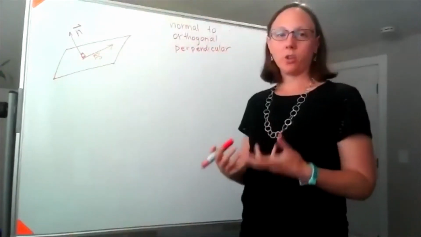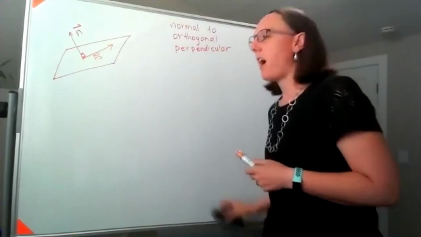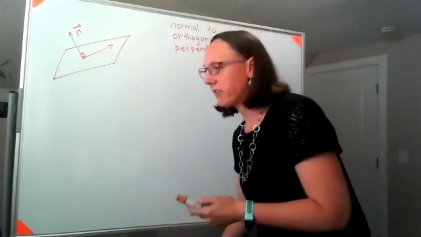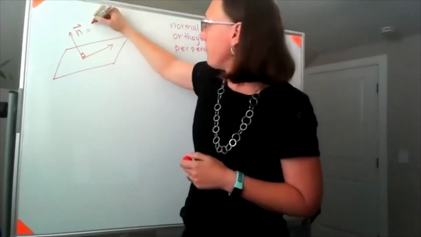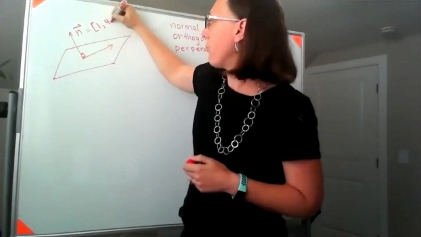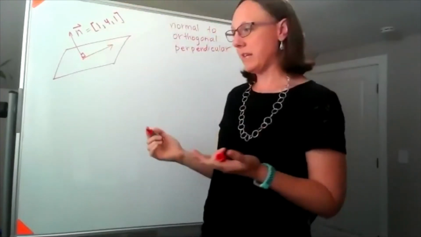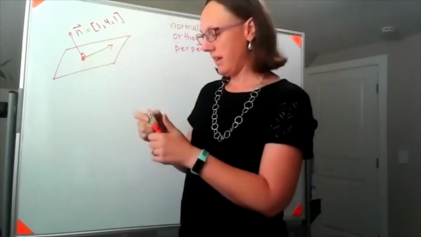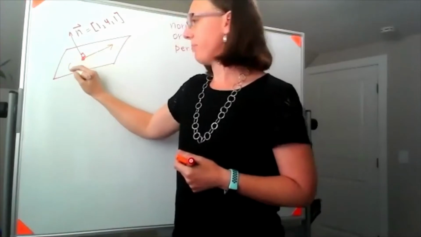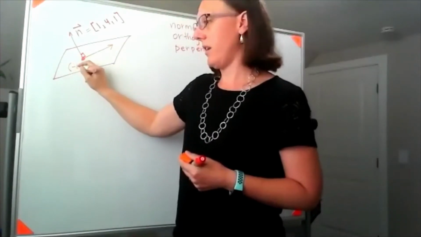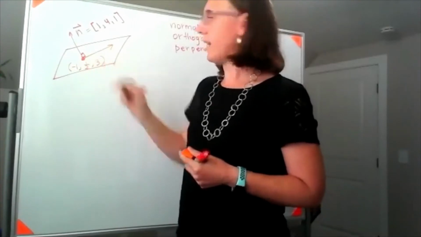So the way that we go about finding the equation here: if I know that our vector normal to the plane is the vector 1, 4, 1, and I know that there's one point in the plane that I've been given, and let's say that point is -1, 1/2, 3.